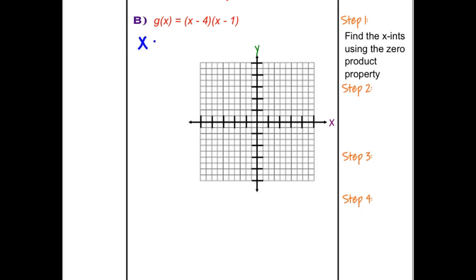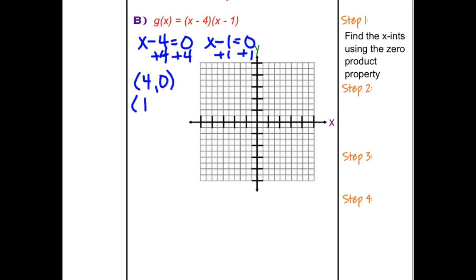That means we've got x minus 4 equal to 0 and x minus 1 equal to 0. So we add 4, we add 1, and we get x-intercepts of 4, 0, and 1, 0, so we can plot those. I'm going to use each tick mark today for 1, just because you'll see why when we get there.